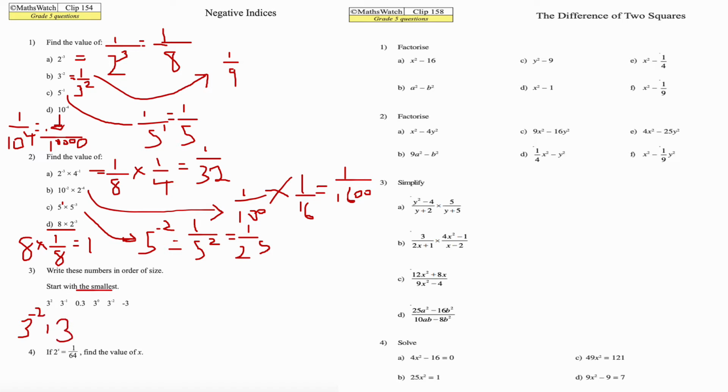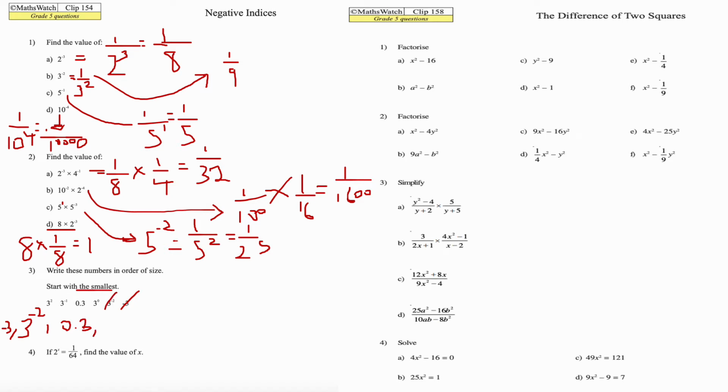Well, actually, sorry, let's just put a minus 3 there, so that's the first one. Then it's 3 to the minus 2, because that's 1 over 9, which is 0.1 recurring.